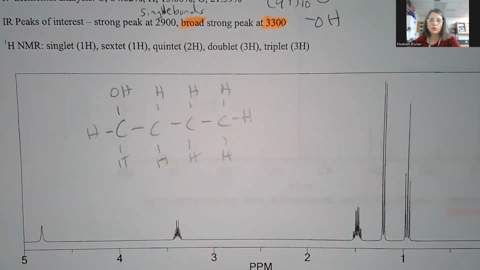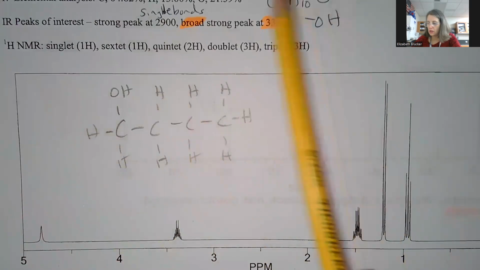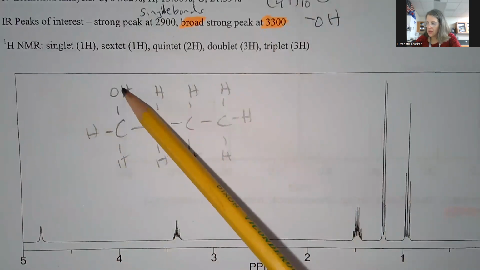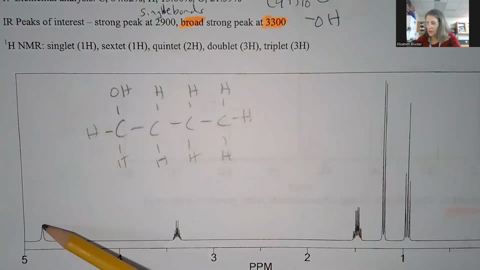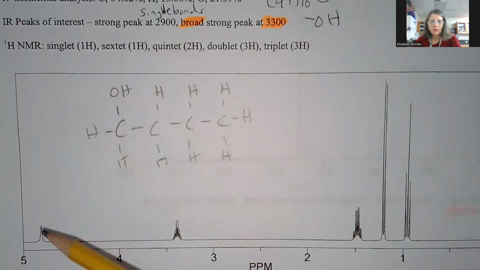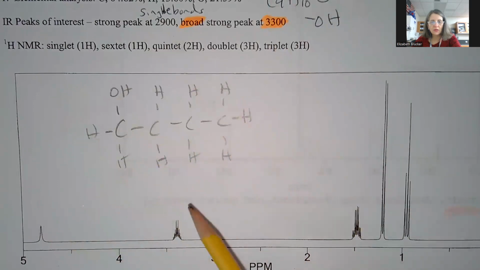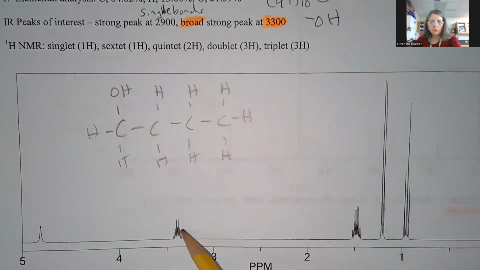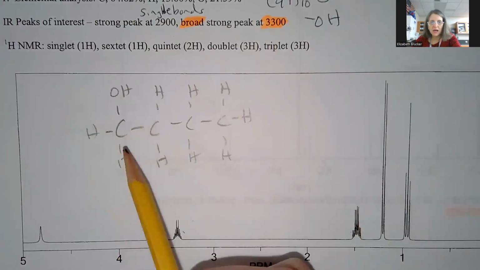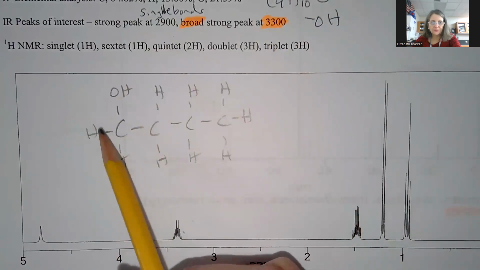Pencils are great because then you can erase them and start all over. The H that's on the OH is probably going to be this singlet way down field, okay? I'm not really concerned about that, but I'm really concerned about, all right, what would produce a sextet or a quintet? In this model, would that actually work?